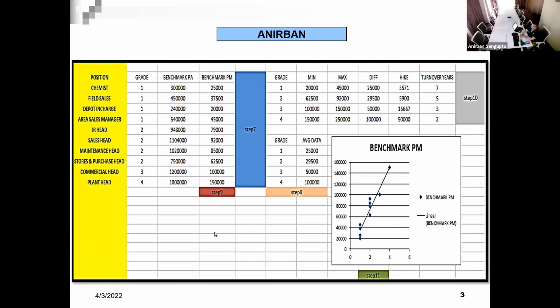For example, if the difference is 2,500 and the increment is, say, 1,000 rupees, then you should have a difference of at least, but your hike is 3,500. Can I assume that the hike is actually the increment? Increment, yes, ma'am. For the sake of this, we will round it to 3,500.